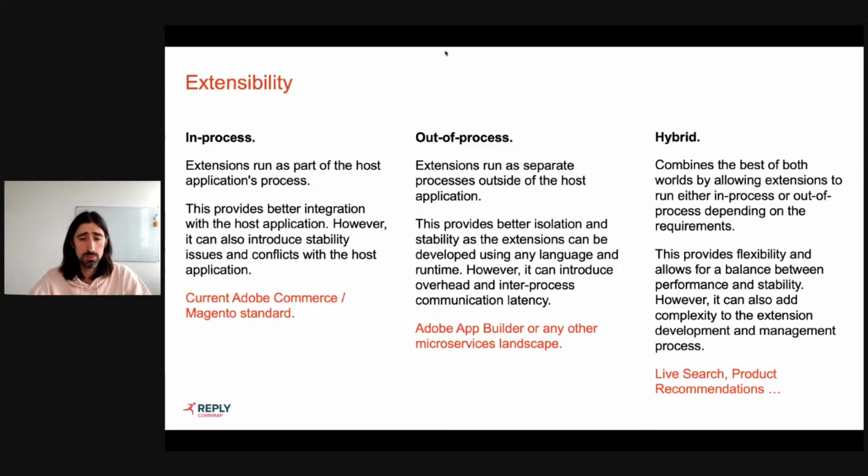You need Adobe Commerce developers, and you need your application developers, depending on the language you developed it in. And it's already there currently. So Live Search and Product Recommendations are built in a hybrid model. You have to install the Live Search and Product Recommendations extensions on the system, and at the same time you have a service which communicates with them, or they communicate with the service to get or process the data.